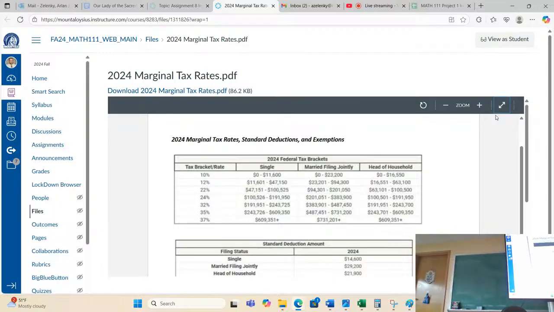So then that number minus 14,600, we get the taxes.